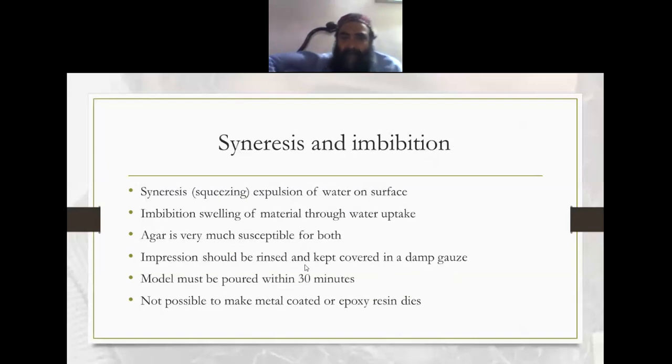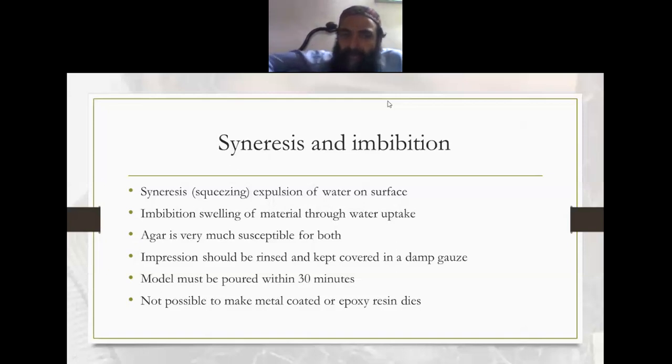Now, syneresis and imbibition. Syneresis, in simple terms, you can say is the squeezing or expulsion of water on the surface. You can take the example of perspiration on your forehead during summer.